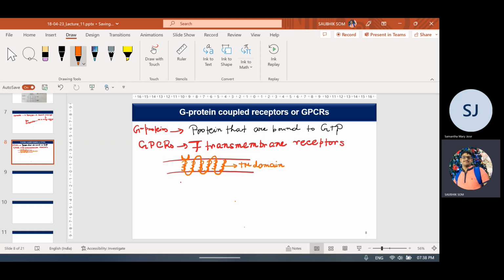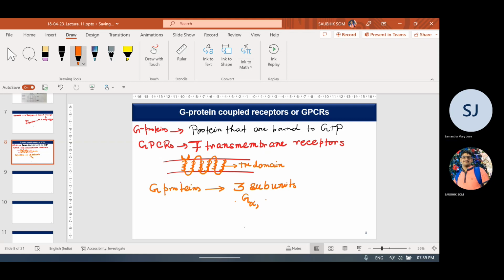Now, generally these G proteins are made of 3 subunits. There'll be G alpha, G beta, and G gamma.